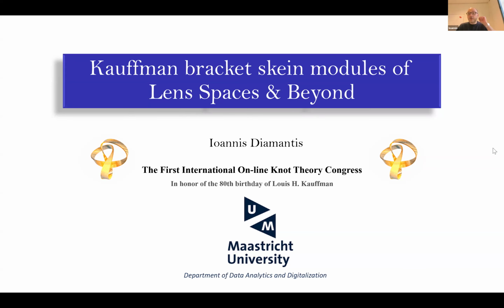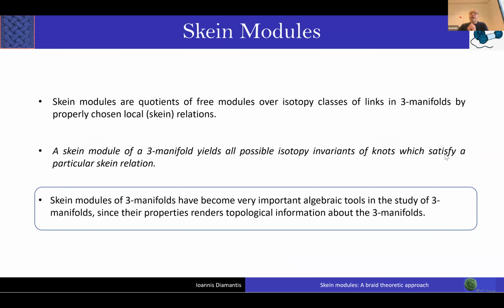Skein modules were introduced by Przytycki and Turaev back in the late 80s, early 90s. They are quotients of free modules over isotopy classes of links in three manifolds, where we consider some properly chosen local relations, Skein relations, that characterize a specific polynomial.